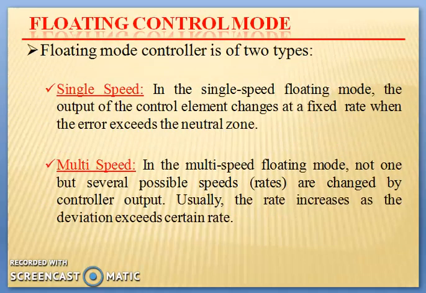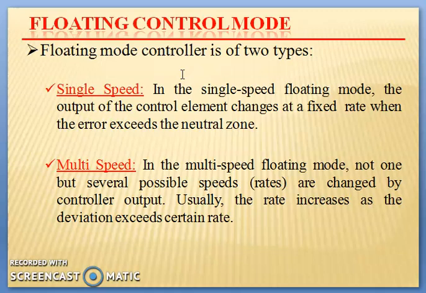There are two types in floating control mode. One is single speed and second is multi-speed. In single speed floating mode, the output of the control element changes at a fixed rate when the error exceeds the neutral zone. And in multi-speed, not one but several possible speeds are used by the controller output.